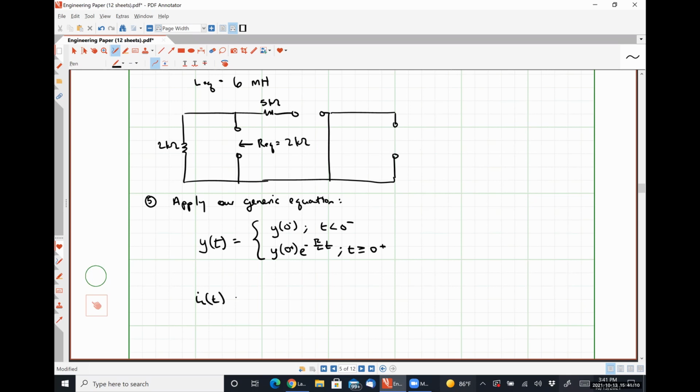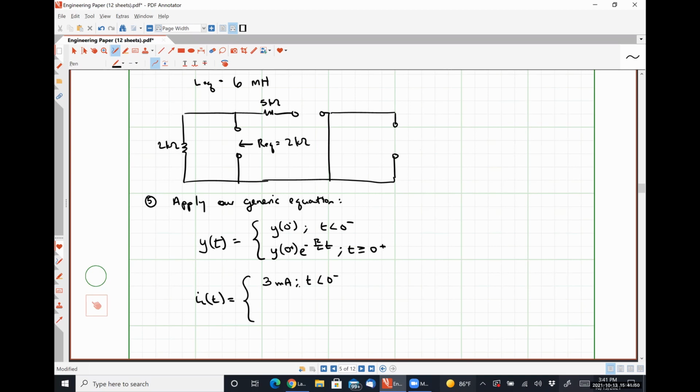So how should our inductor current behave? What's its mathematical model going to be? What was it at t equals 0 minus? 3 milliamps. So we have 3 milliamps for t less than 0 minus. What was it at t equals 0 plus explicitly?